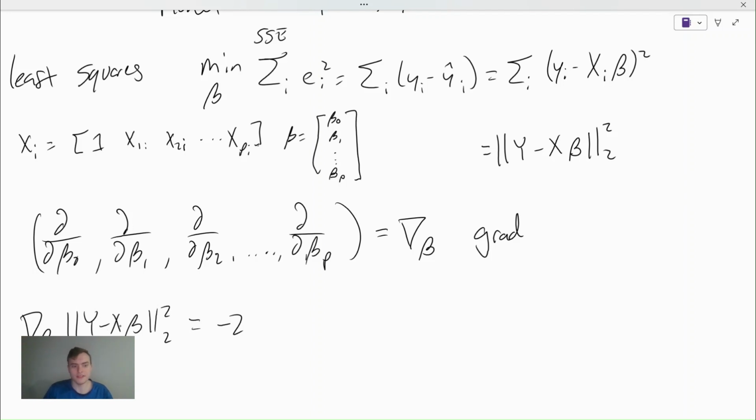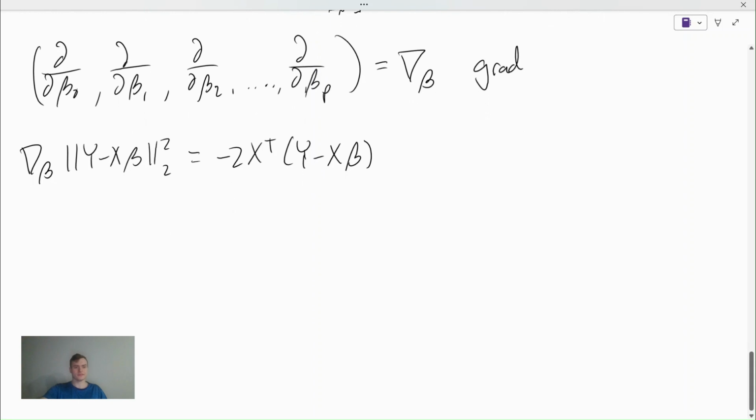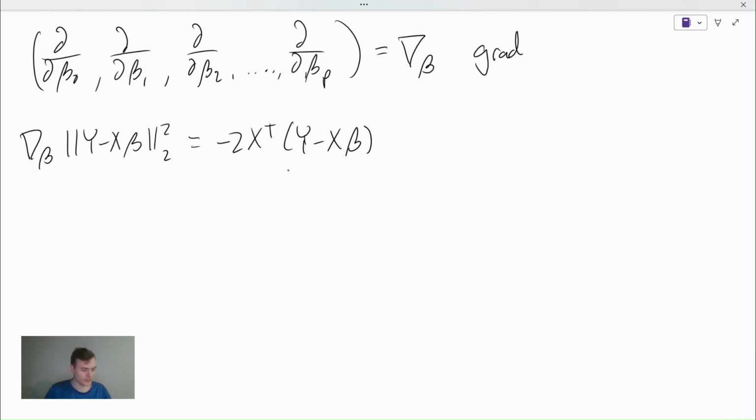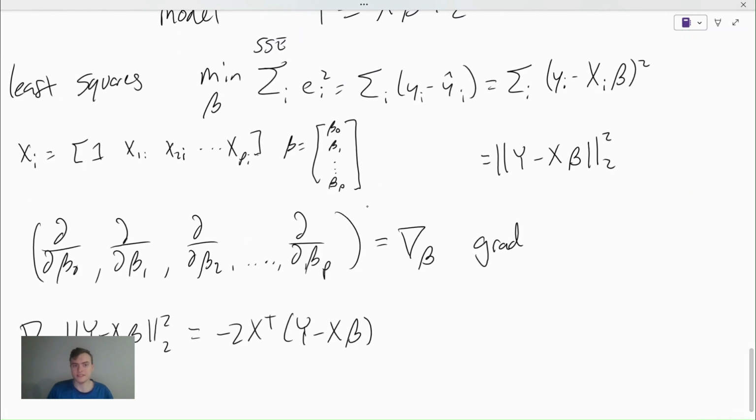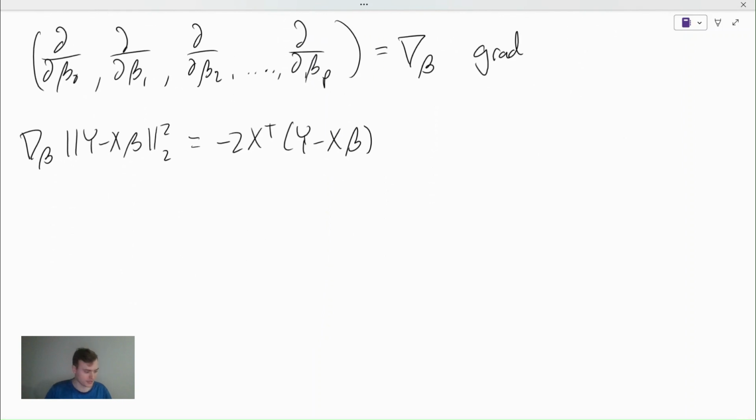And then we're going to have this chain rule, x transpose, and then y minus x beta. If you don't see that, that's okay. From here, we're going to set this equal to 0, right? That's the same approach. We have a quadratic convex function. To find the minimum, we're going to take the first derivative, set it equal to 0.